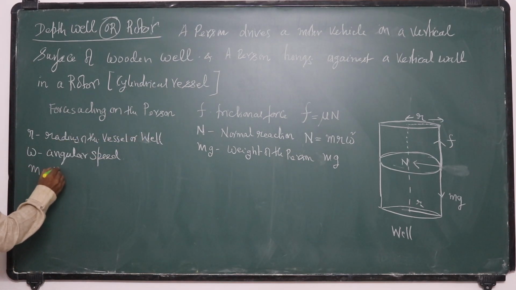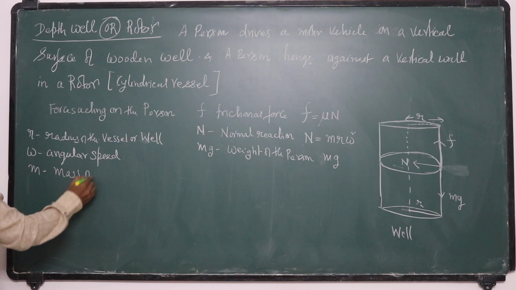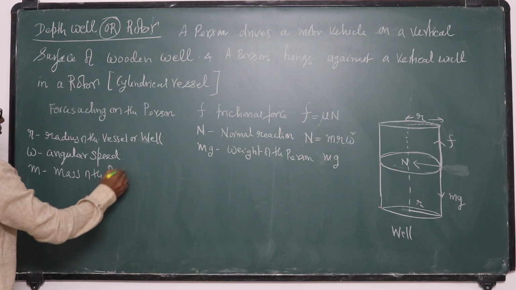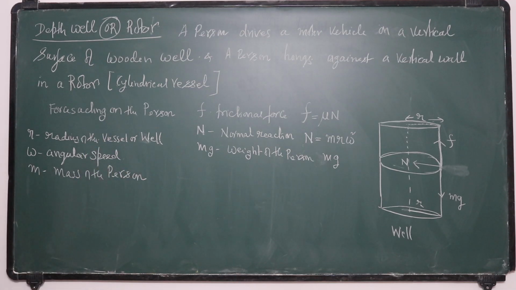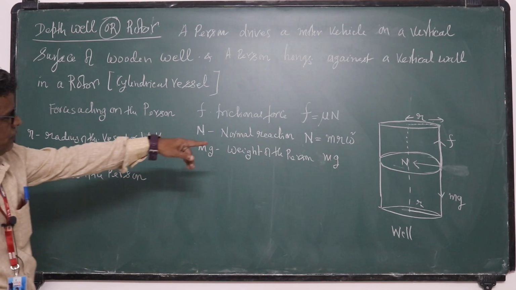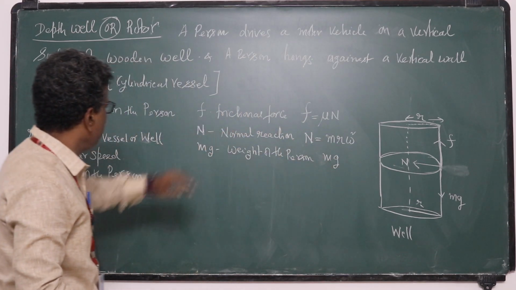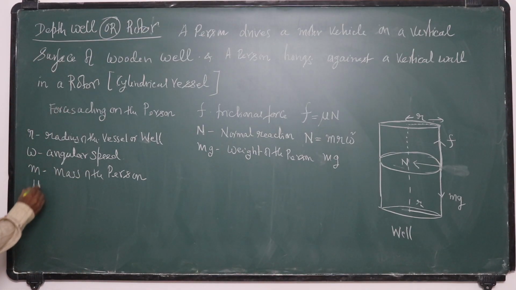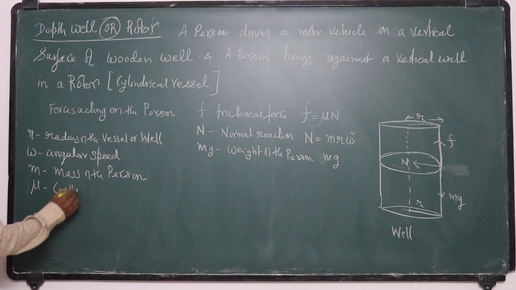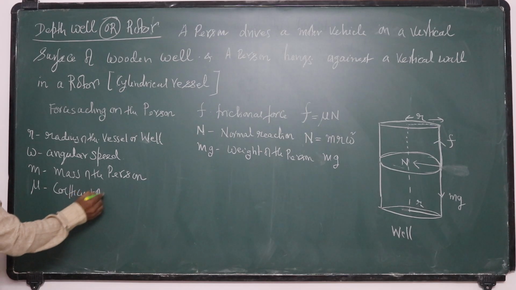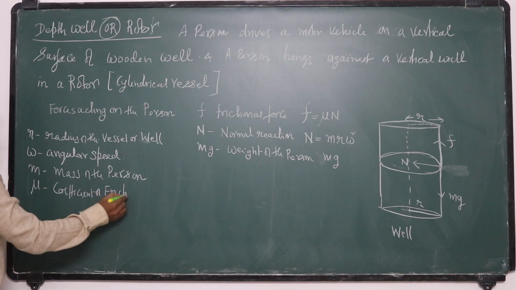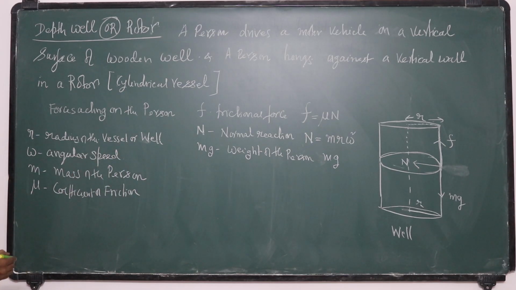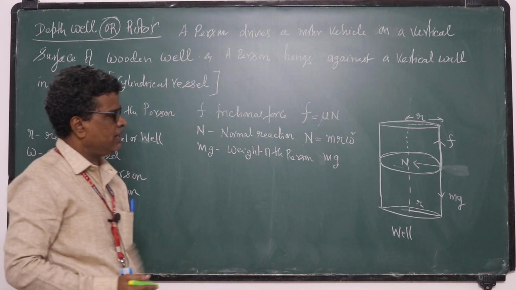Mass of the person including the vehicle. Everything is explained here: m, r, omega, g. Mu is the coefficient of friction between the vertical surface and the vehicle.